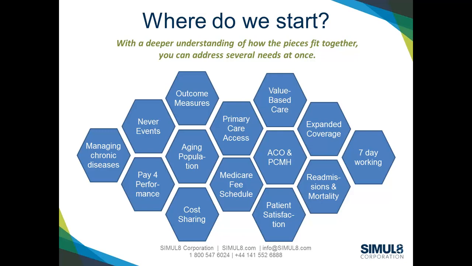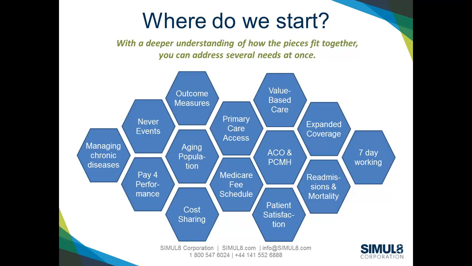And so you can see just a few of the things that healthcare organizations are facing. We're seeing the increase in chronic disease, which is tied into the aging population, primary care access in the U.S. especially is becoming more and more of an issue. We have expanded insurance coverage. We have new healthcare delivery structures in the accountable care organization and the patient-centered medical home, which is kind of a new approach to providing healthcare.